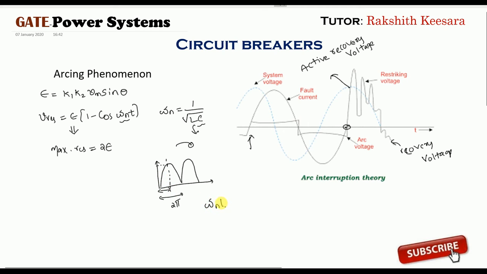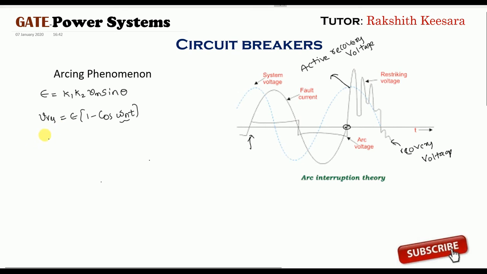Omega n into Tp equal to pi. This duration is pi. From this I can tell that Tp is equal to pi by omega n. Omega n is nothing but 1 by root LC. So Tp is equal to pi root LC. This is the time taken to reach the maximum restriking voltage. X-axis is time, y-axis is restriking voltage. Since it is 1 minus cos omega n t, it is shifted upwards.